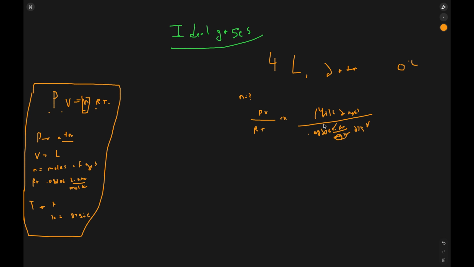So now you do 4 times 2 divided by 0.08206 times 273, and you have 0.357 moles of gas. Moles of gas. So yeah, it's pretty simple.